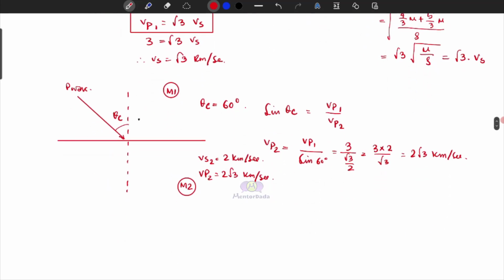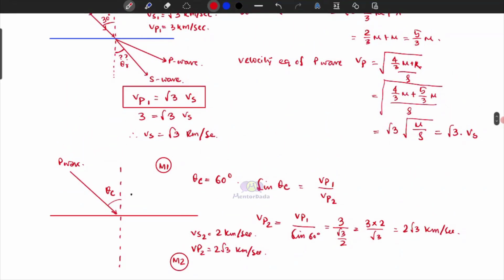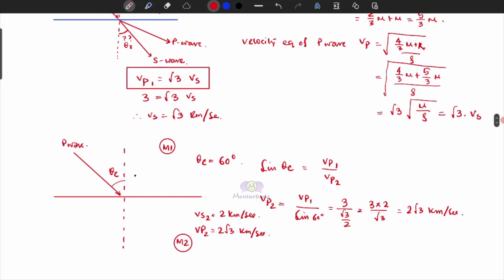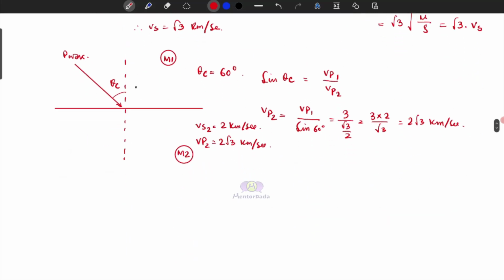So theta r is the angle of refraction of S wave.